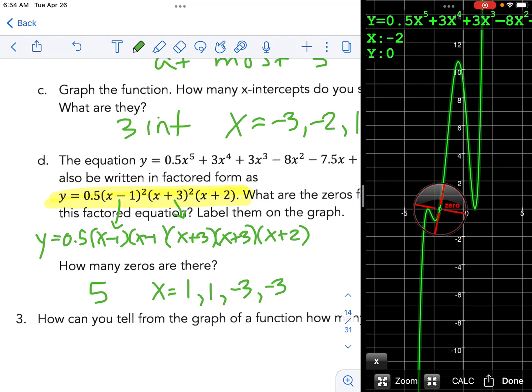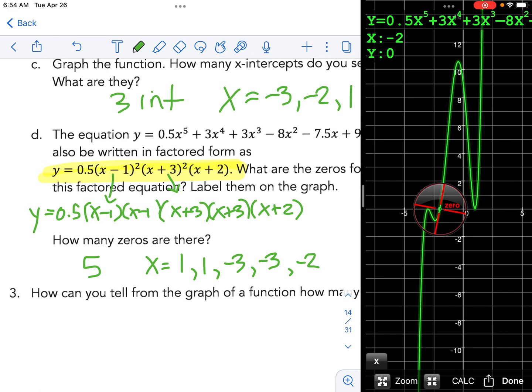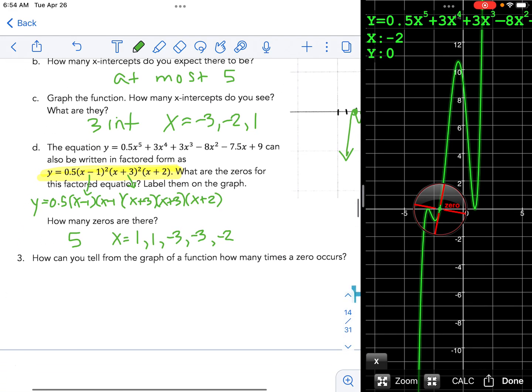They're just out of order. I confused myself. And -2. So those are the actual zeros. So we see we have a few repeated, and so we know from the graph. So this is, how can you tell from the graph? We know that repeated roots.